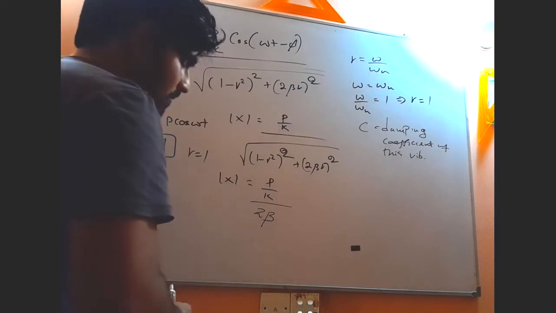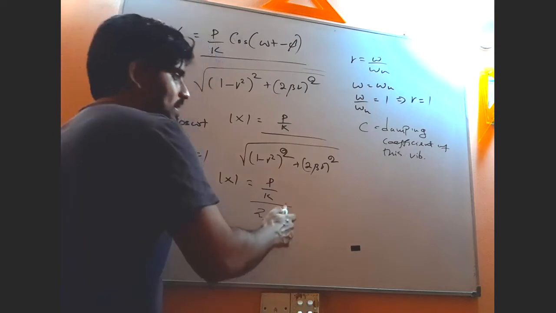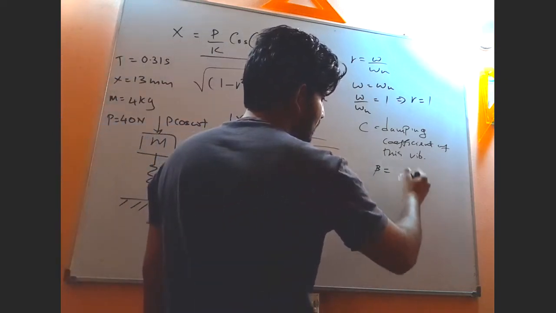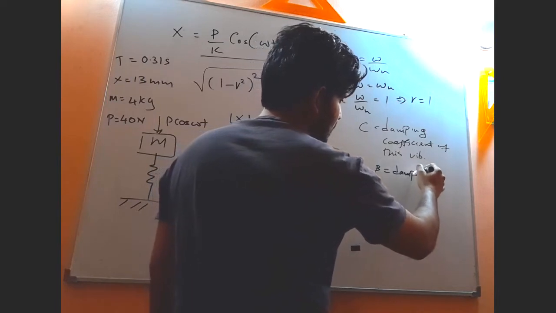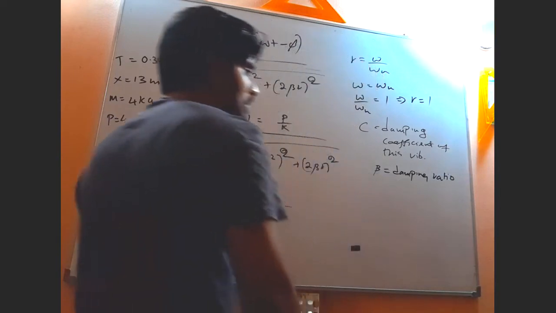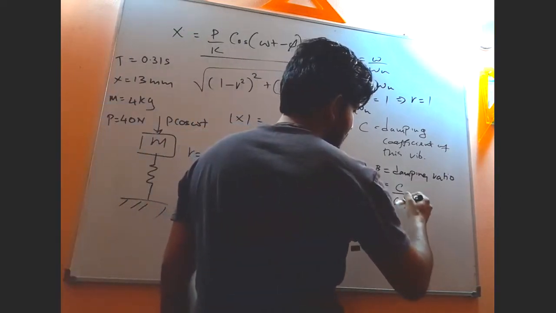Because we know this beta is the damping ratio, and beta equals C by C naught.